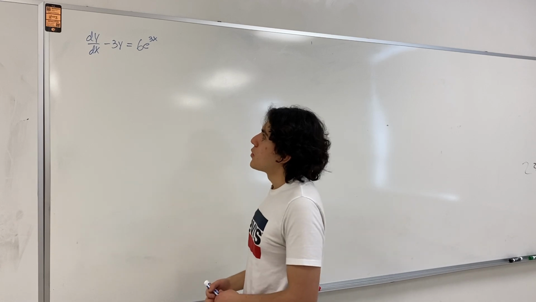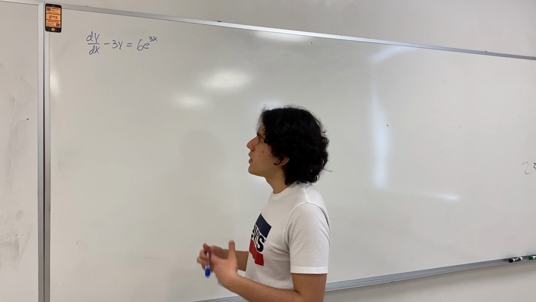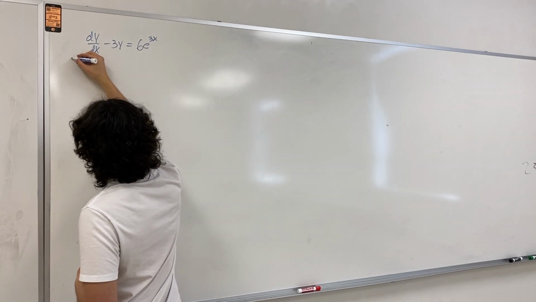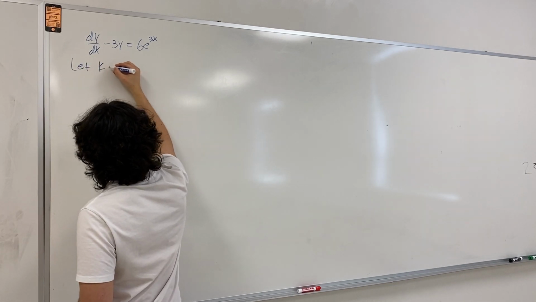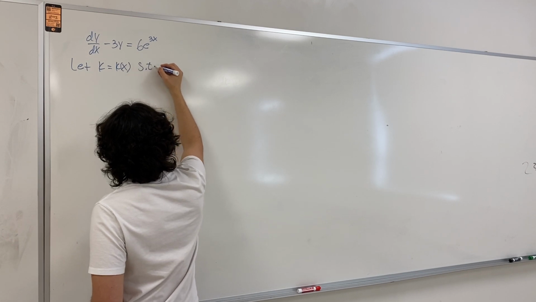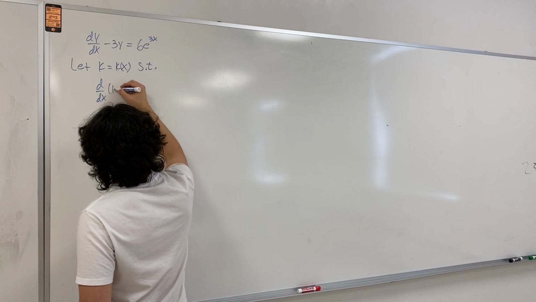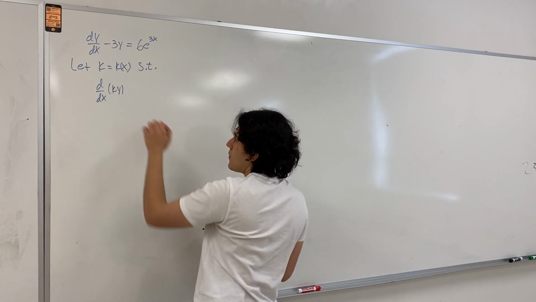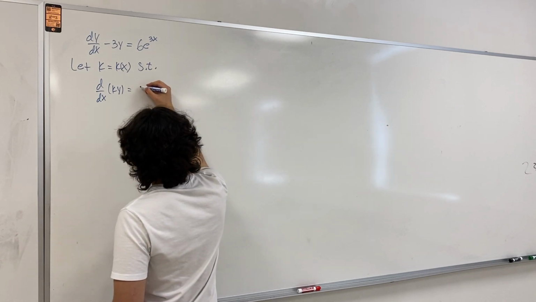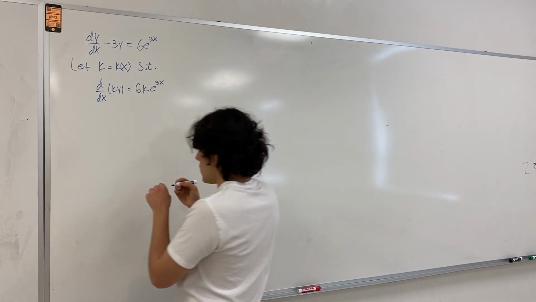So let's begin. To use the integrating factor method, we're going to multiply both sides of the equation by some factor k, let's say. But before, let me define k like this. Let k, our integrating factor, be a function of x such that its derivative times y should be equal to the right hand side of our differential equation, which in this case is going to be 6k e to the 3x, okay?